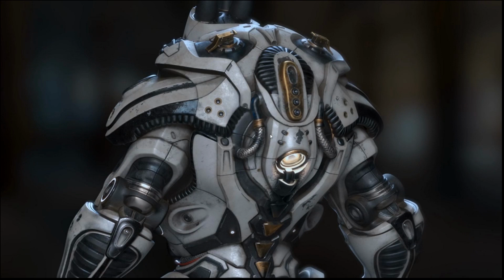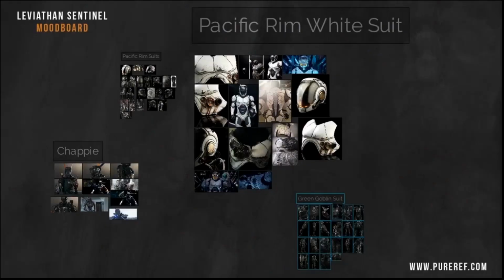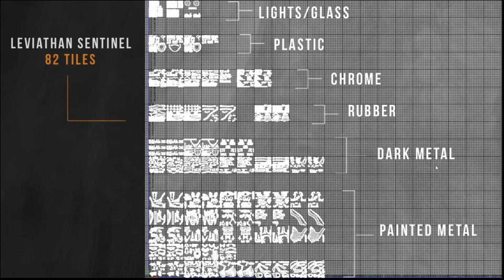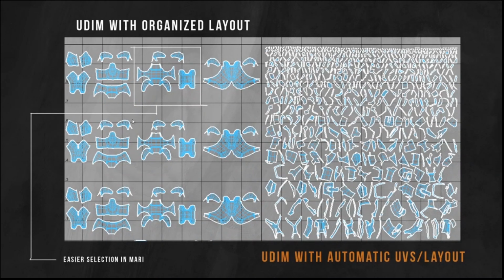If you look at the final render, I had these brass pieces, these golden pieces here, that I didn't think about in the beginning when I was making my UVs. So they're not even here. What I had to do was manually select those pieces and then make them like that. So I had to create some isolation masks later on, which is fine. But as long as you have organized UDIMs, it's easy enough to select them.